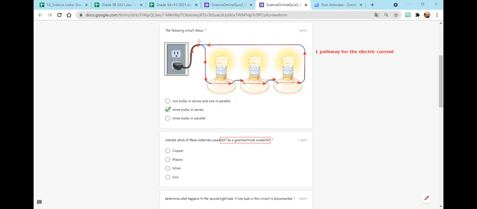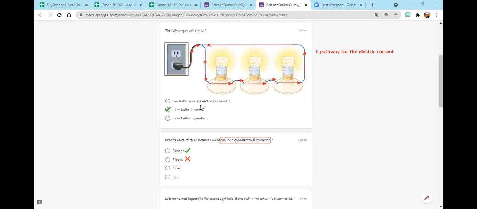The copper. Is the copper a conductor or an insulator? Conductor. It is a metal. It is a conductor. Plastic. Insulator. Thank you.